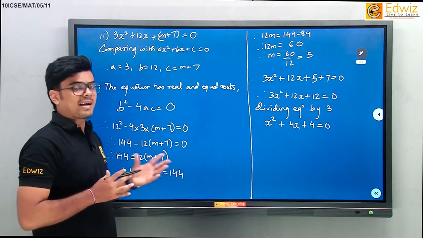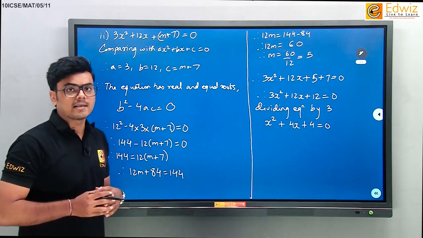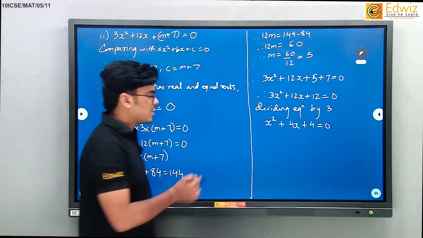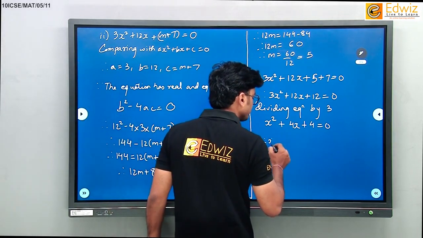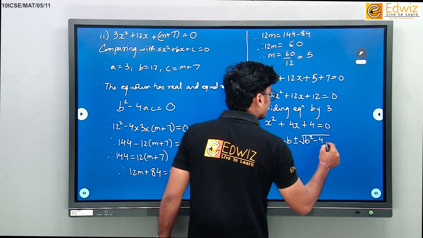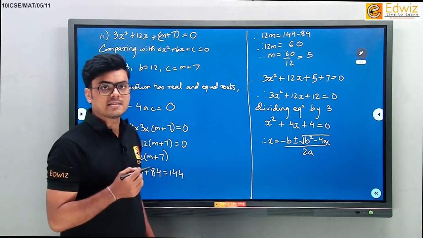This is the required equation. Now you can use factorization method or you can use formula method directly because we know the value of b square minus 4ac. It is 0, right? What is the formula for x? Minus b plus or minus square root of b square minus 4ac upon 2a. But we already know that b square minus 4ac is 0.